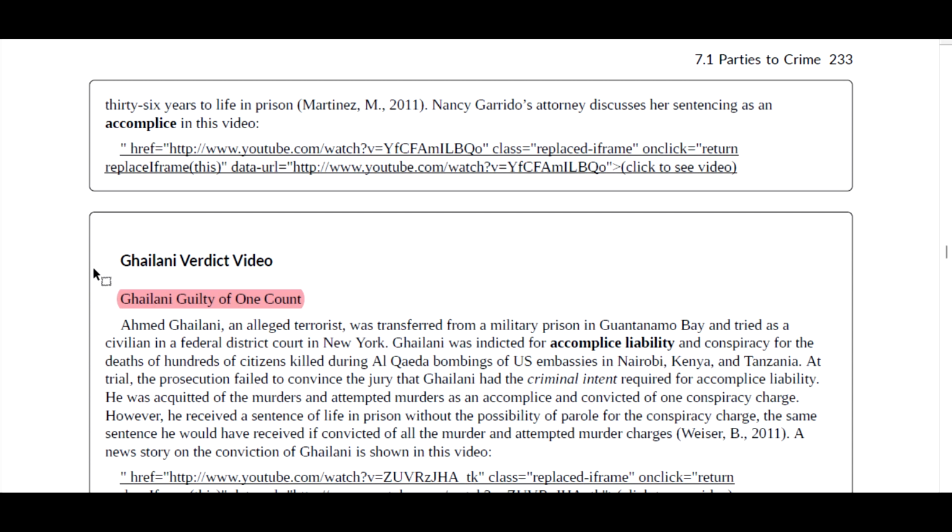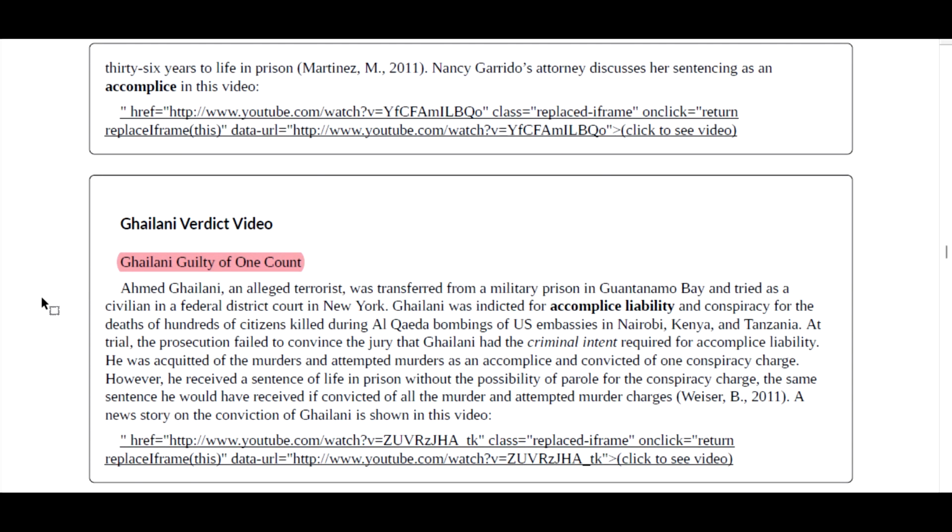I want to say Galani, but the individual was an alleged terrorist who was in Guantanamo Bay for the longest time, but was eventually released from Guantanamo Bay, not in the sense of released, but when President Obama went into office, he called for the shutdown of Guantanamo Bay, and this individual was put on trial, and he is serving a life sentence in a private prison.